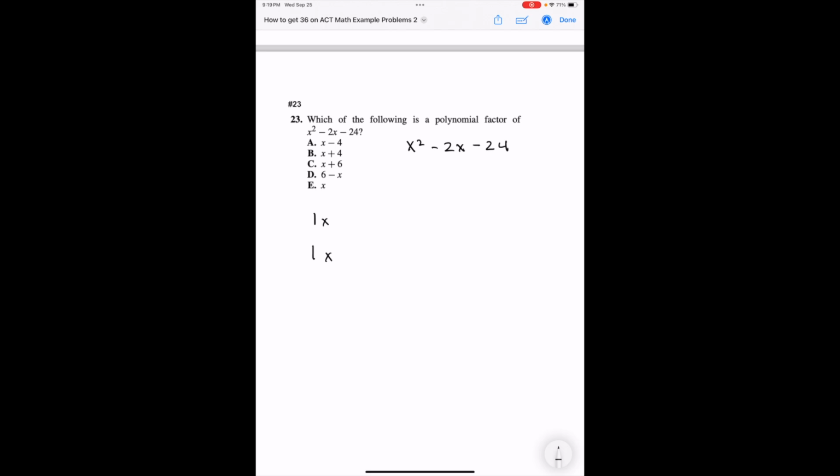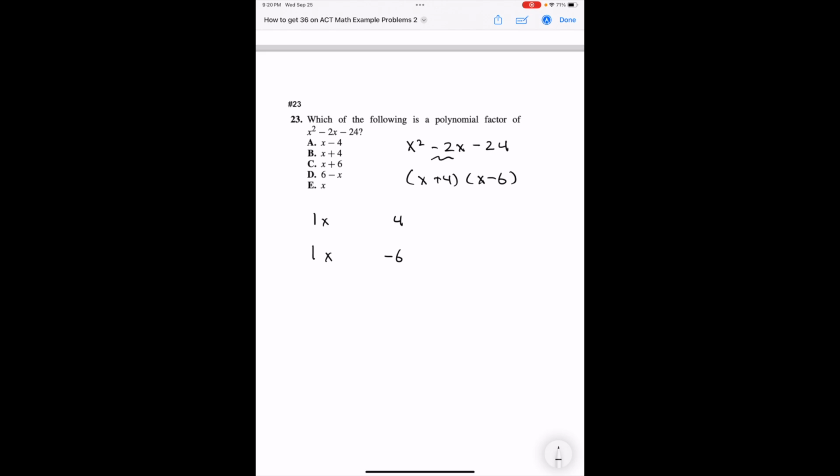And then for the right side, for 24, what can multiply to have a product of 24 but have a difference of 2? So we know that 4 times 6 is 24, and then 4 minus 6 is negative 2, which is right here. And so that is going to be our expression. So it is going to be (x plus 4) times (x minus 6).